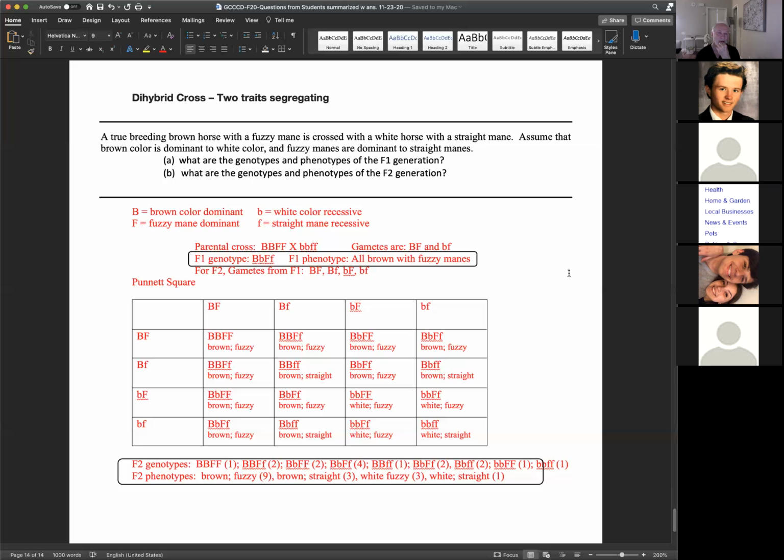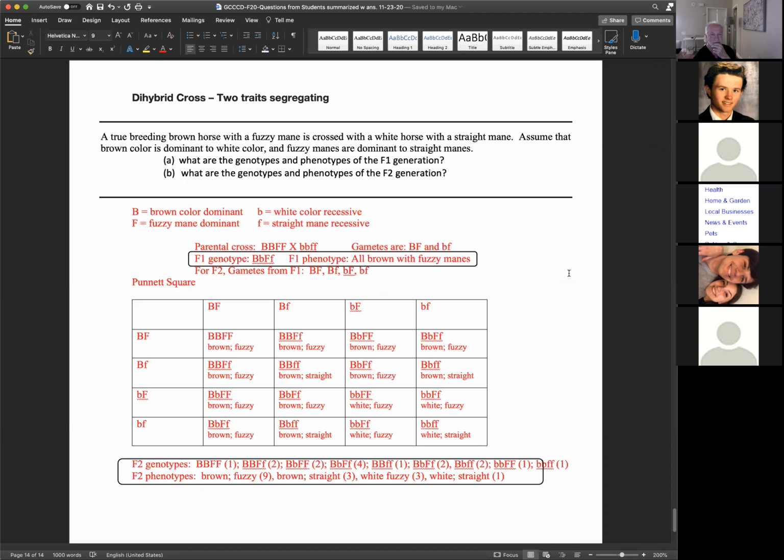So you have to read between the lines a little bit here. This is a true breeding brown horse. It means it only ever breeds brown and fuzzy. And this other horse, it doesn't really tell us what's going on there, but we do know that if it's straight mane, and straight manes are not dominant, they are recessive.